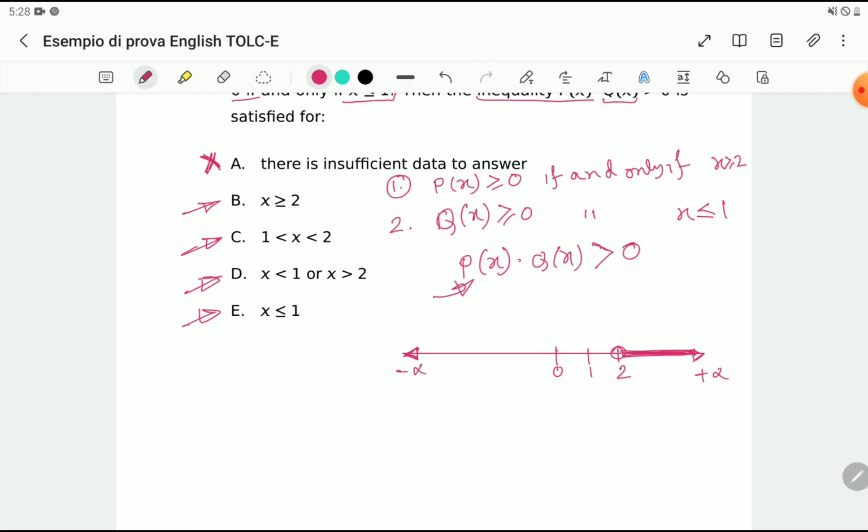That means it is a closed circle, like the value 2 itself is also part of the range. So we can draw like this. And the second condition, x less than or equal to 1, that means we can bold the line. Okay, and it's equal to 1, that means the function is valid also for 1.